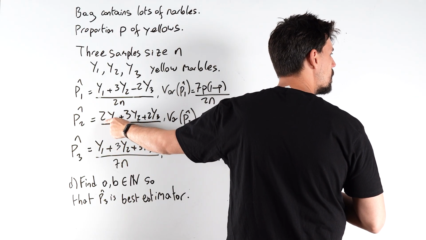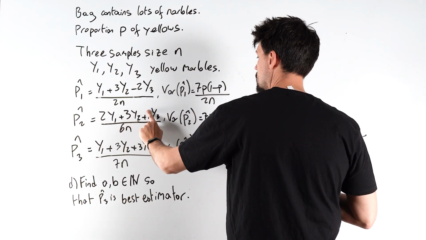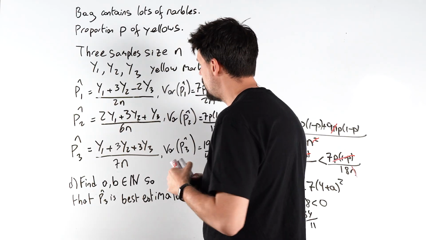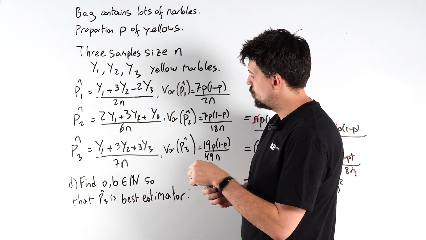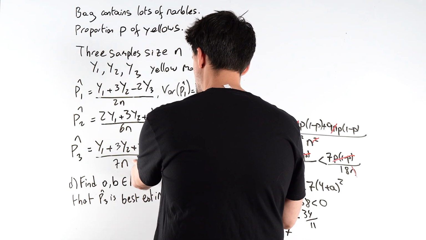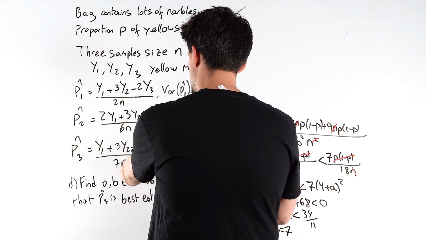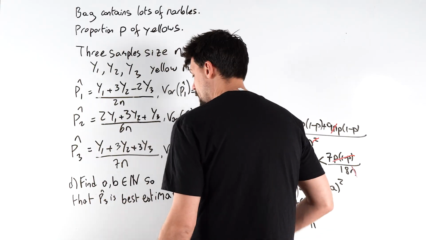P2, 2, 3, oh, and 1. There we go, sorry, I miswrote that one. Because then 7, 7. Yep, okay, fine. Let's go with that.